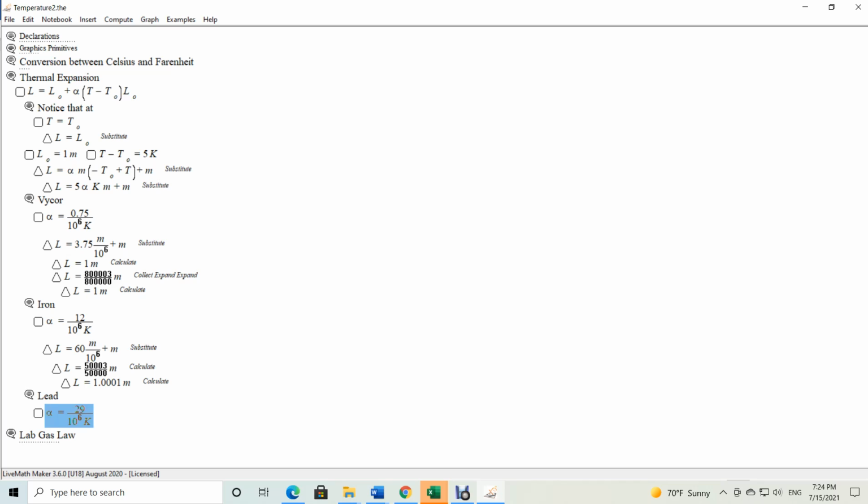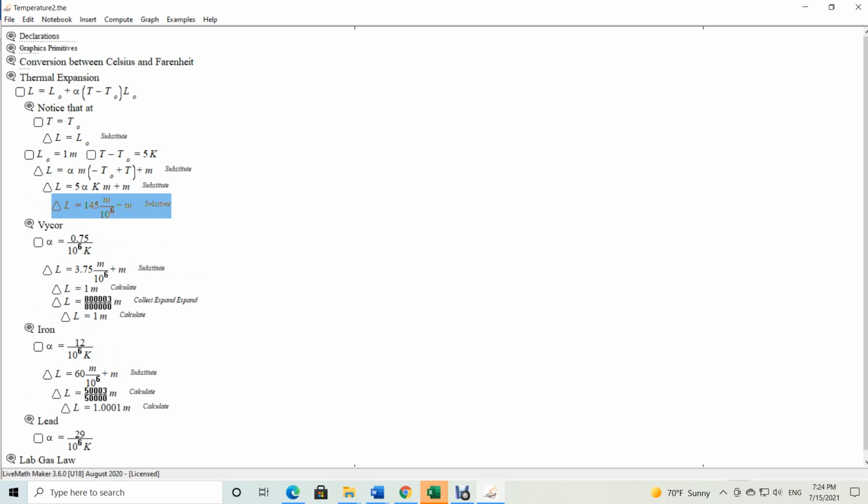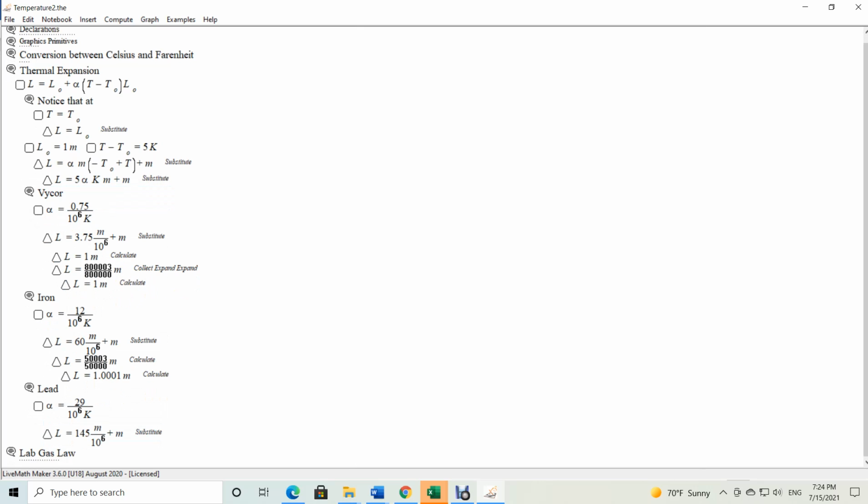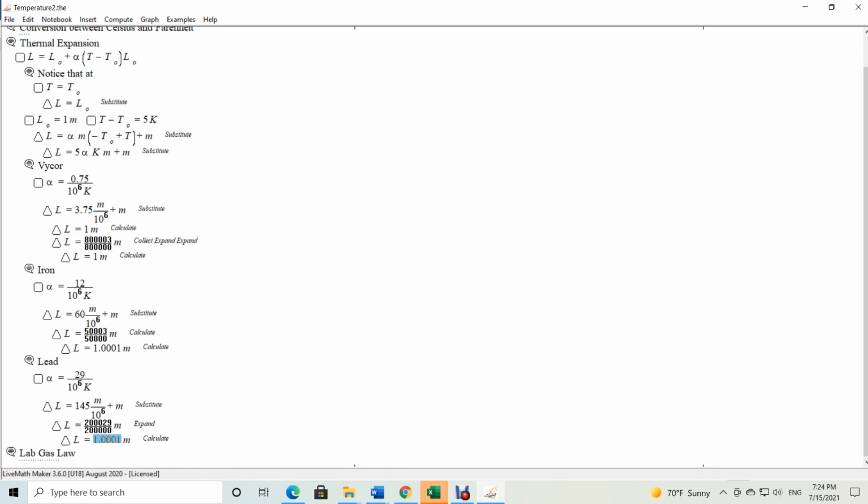We do the substitution right in here. Expand. Calculate. What do you get? It's almost the same. What's happening here is that it is 1.00006. That's what this one is.